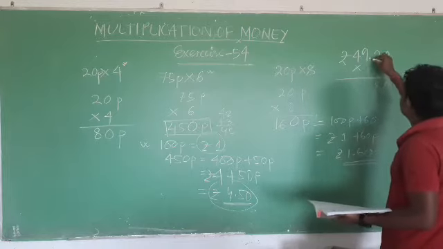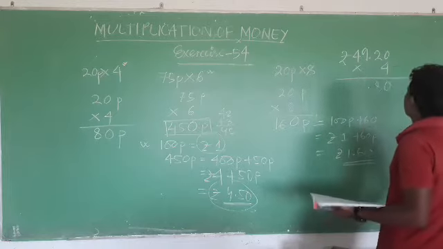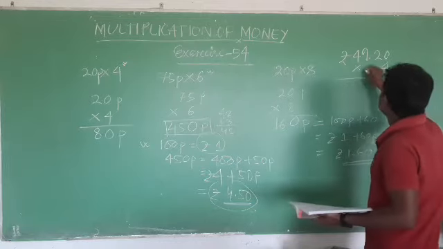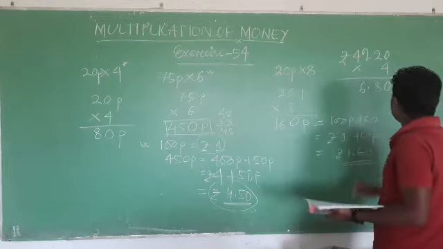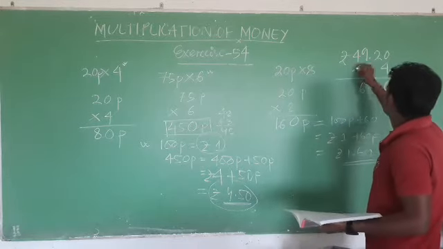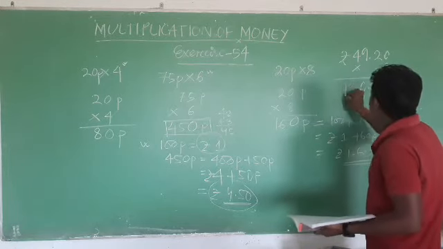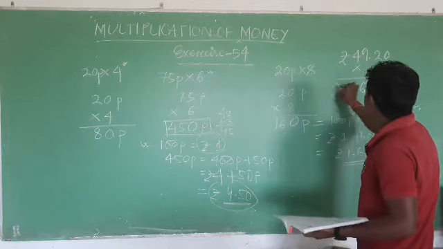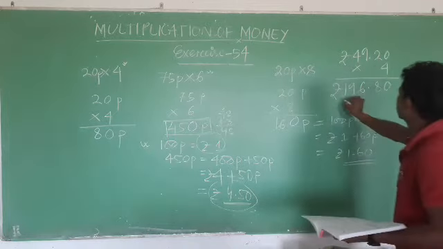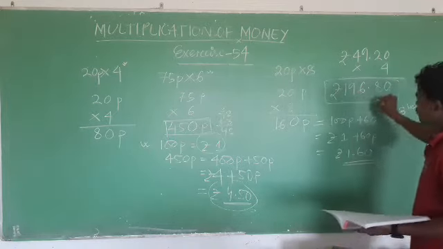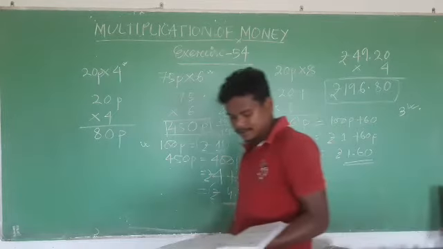Okay, then the point is there, I put the point. 4 nines are 36, 6, 3 will be taken as carry. 4 fours are 16 plus 3 is 19, and then the symbol of rupees. Okay, so this is the answer. In question number 2, you can do like this.